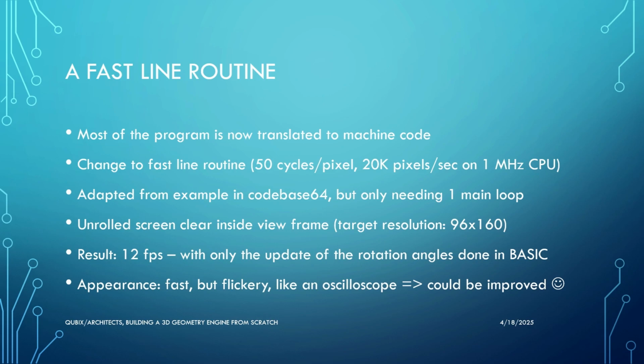I changed the line routine to one that is able to do about 20 kilopixels per second on a 1 megahertz CPU. And for this I adapted an example from Codebase 64, but that one needed 2 main loops. I could reduce it to 1 main loop.